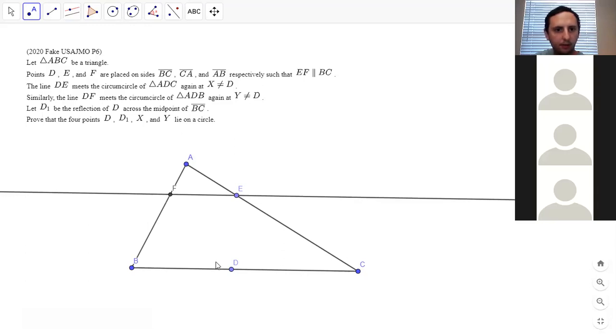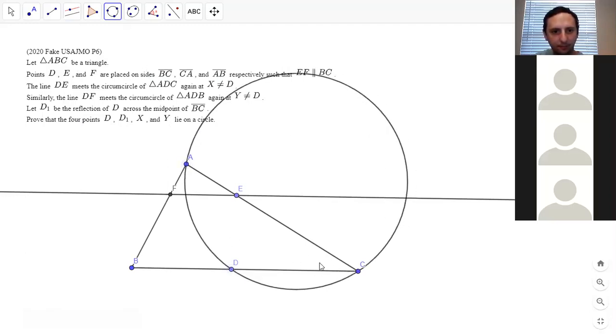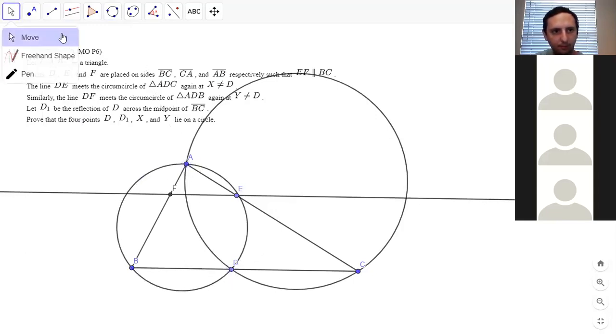And DE meets the, this feels very similar because we have the circumcircle of ADC and the circumcircle of ADB. And we want to see where DE and DF meet those two circles.